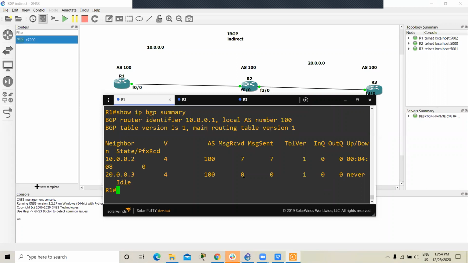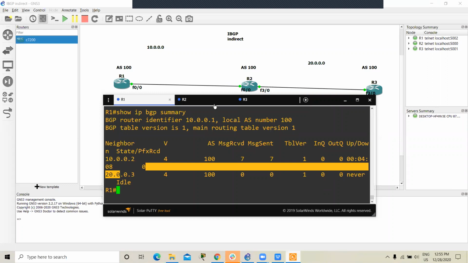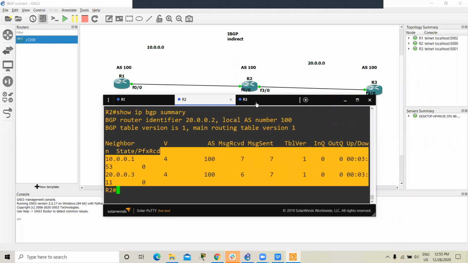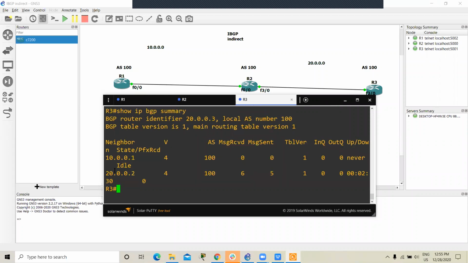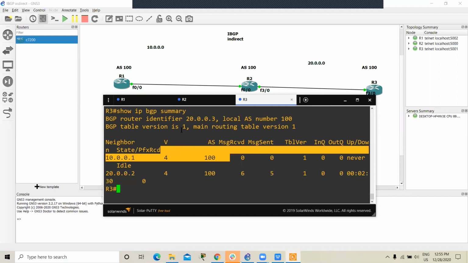Only directly connected routers become our neighbors on all the routers. From router 1, router 2 is our neighbor, but router 3 is down. On router 2, both directly connected routers become our neighbors. On router 3, directly connected router 2 becomes our neighbor, but router 1 is down.